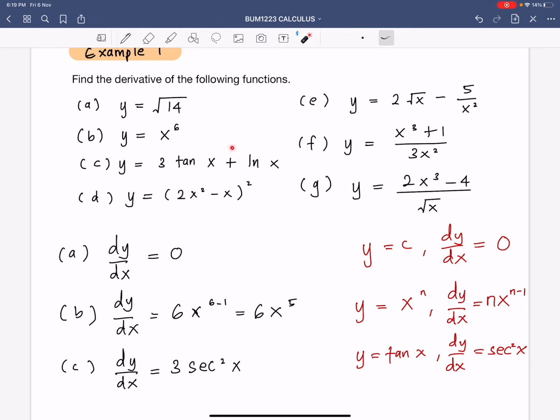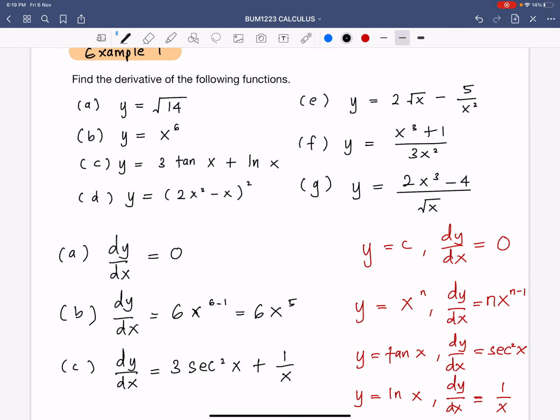And then we have plus. When you have y equals ln x, dy/dx is equal to 1 over x. Therefore, when we differentiate ln x, we get 1 over x.